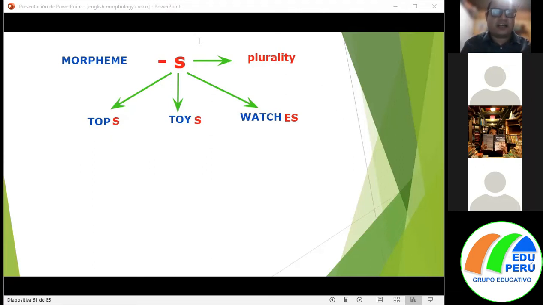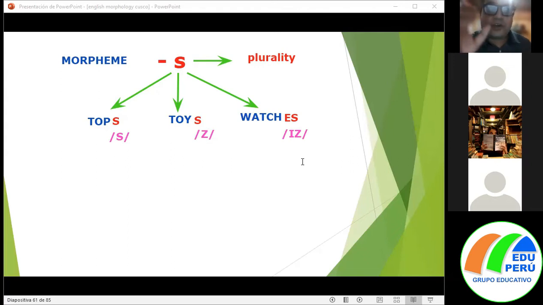And more specifically, because of the sound, the pronunciation. So in the first case, we're going to use the sound S, all right? In the second case, we're going to use the sound Z. And in the third case, we're going to use the sounds, here we have two, the sounds iz.